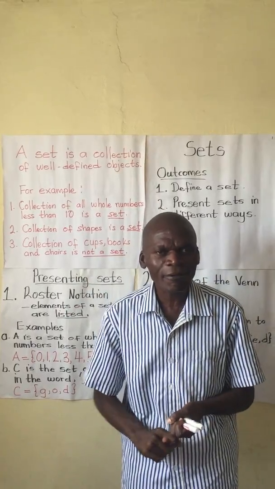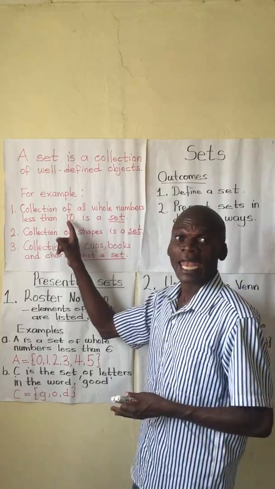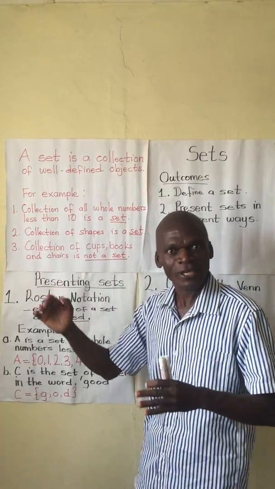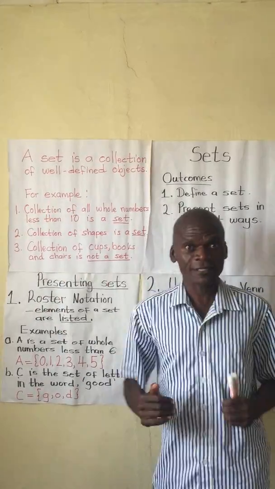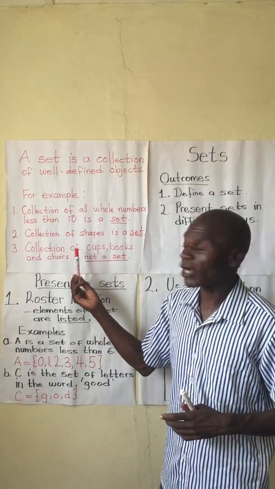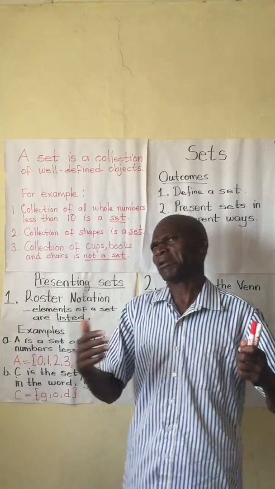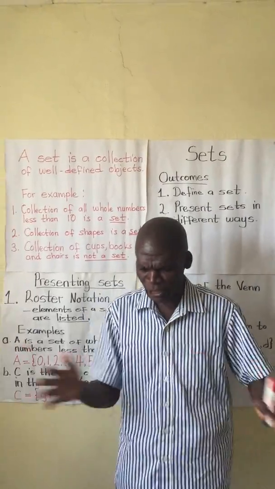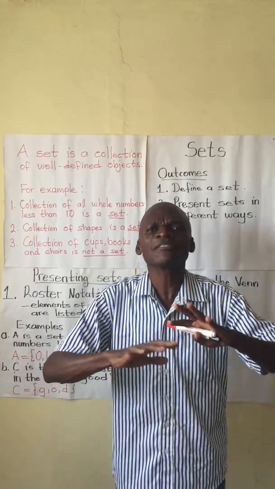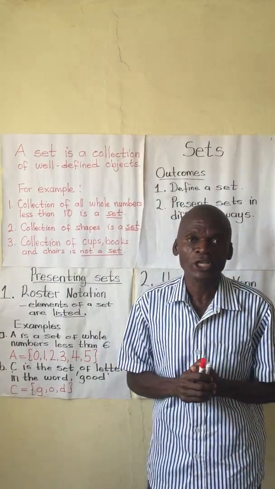We have 0, we have 1, we have 2, but they need to be less than 10. Well defined. Number 2, collection of shapes is a set. We have a lot of shapes, so we put the sets together, well defined, because you will see these diagrams, you will see these shapes.